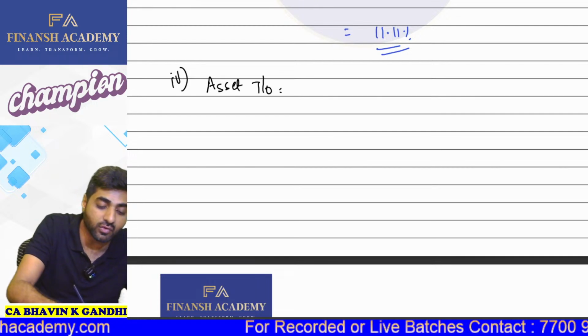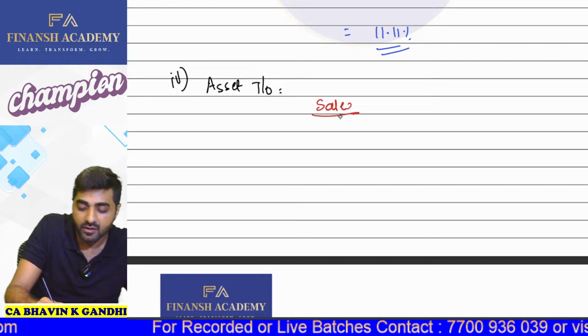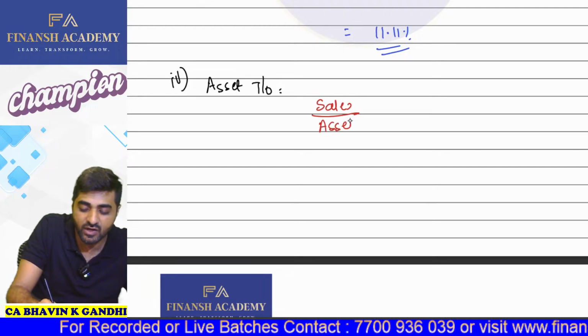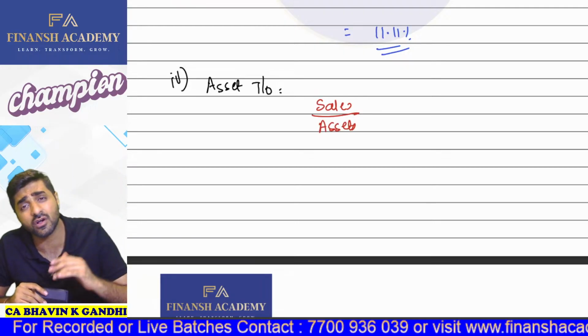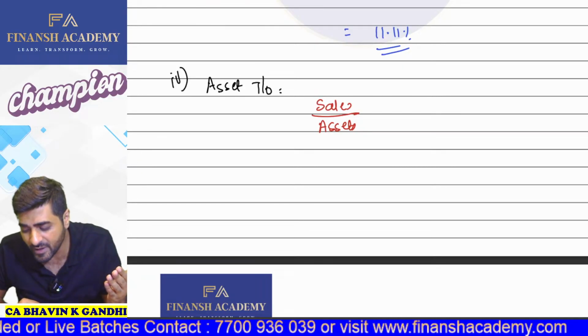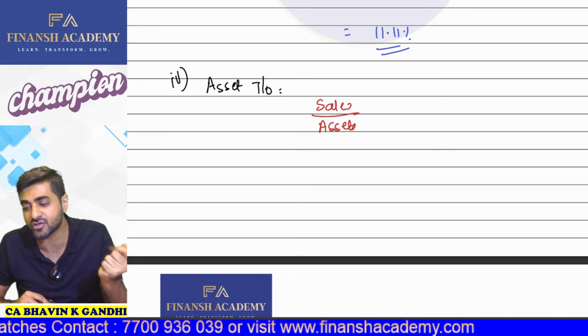So your asset turnover ratio will be sales upon, we generally write average assets, but here we have to write down closing assets only. Why? Because there is no opening data given. So if no opening data is given to you, can I say we have to stick to your closing assets only? Come on, yes or no? Yes, sir.